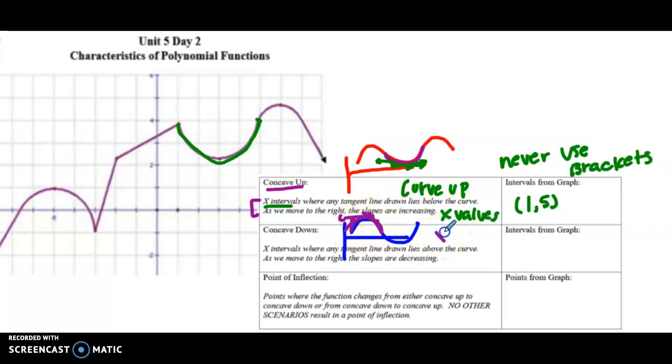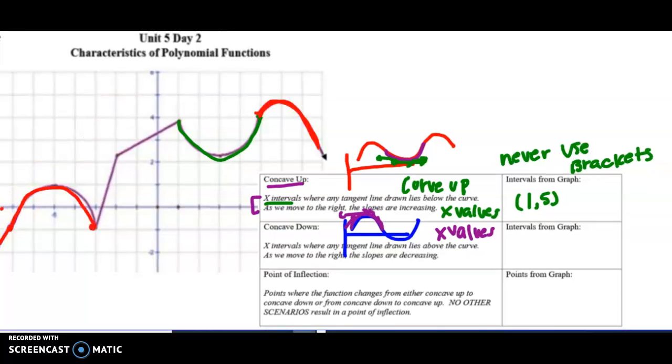Once again, these are x values, and you're looking at what x values on your graph it is concave down. Now if we take a look right here, this is where my graph is concave down. It is concave down starting from here all the way until this point.